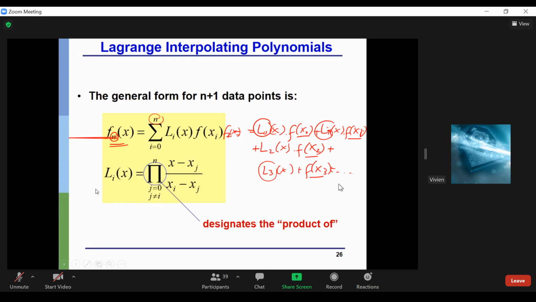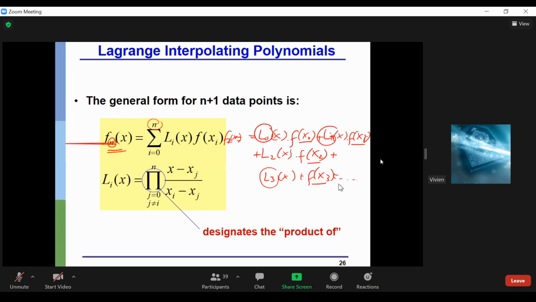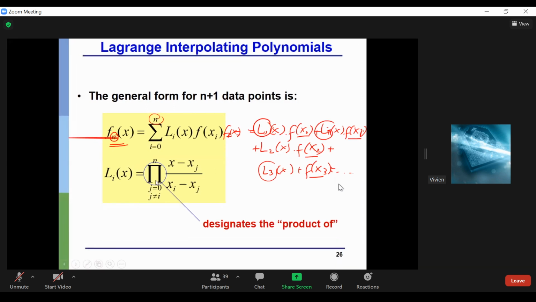L0 here is defined by capital pi, which means the product of the terms here. What is the meaning of the product? It means multiplication. If we have the sigma sign, we add, plus sign. But if we have product, the capital pi sign means that we multiply.